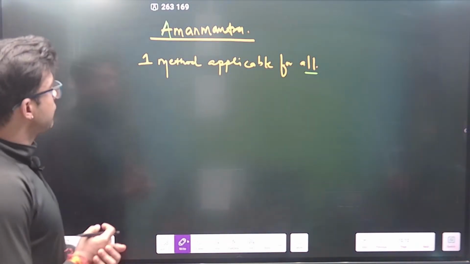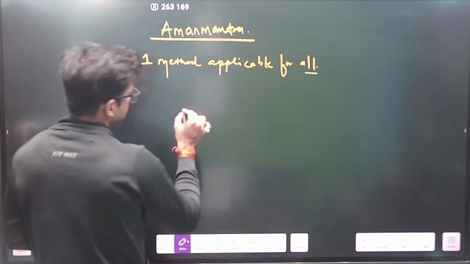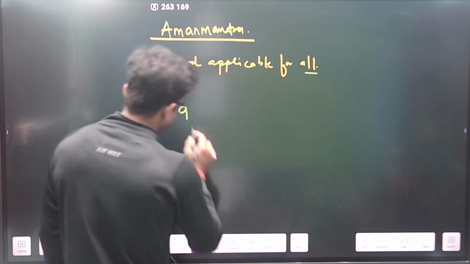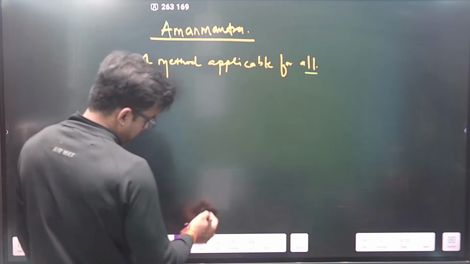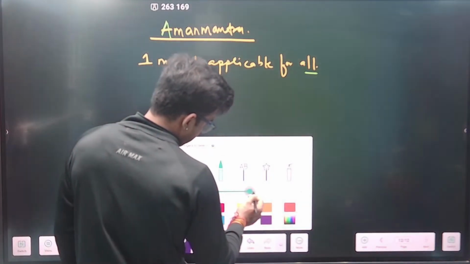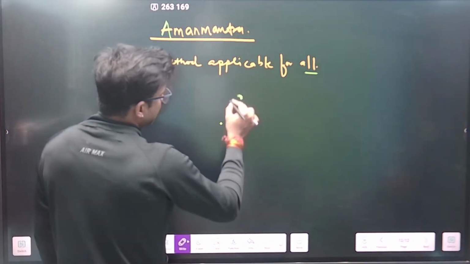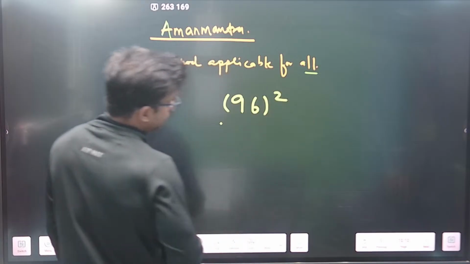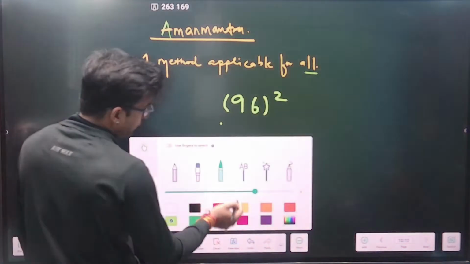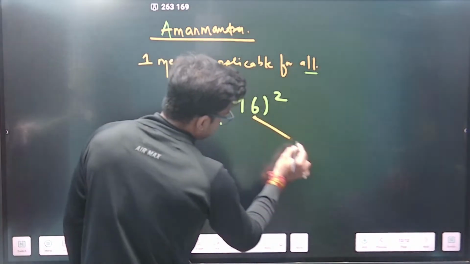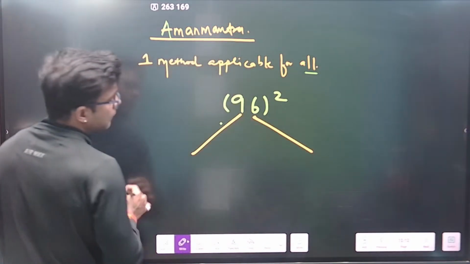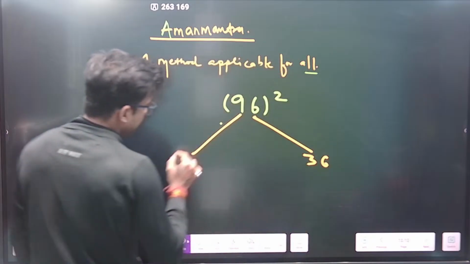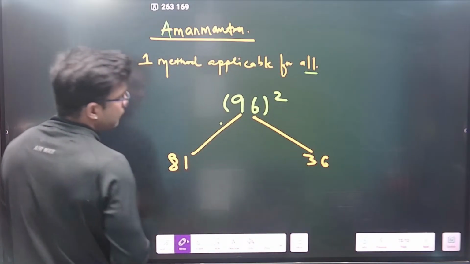Now suppose I take 96 ka square. What I need to do is bifurcate this and this. 6 ka square is basically 36. 9 ka square is basically 81.